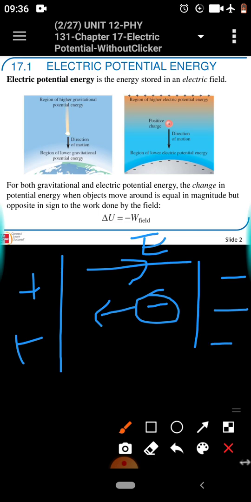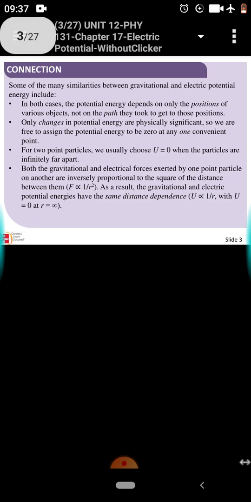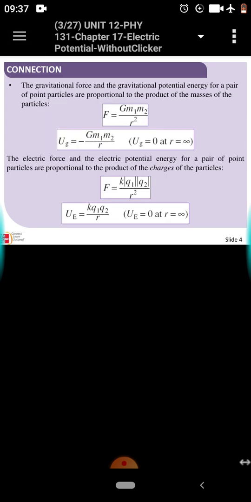So this is one of the differences between gravitational potential and electric potential. Let's have that in mind.